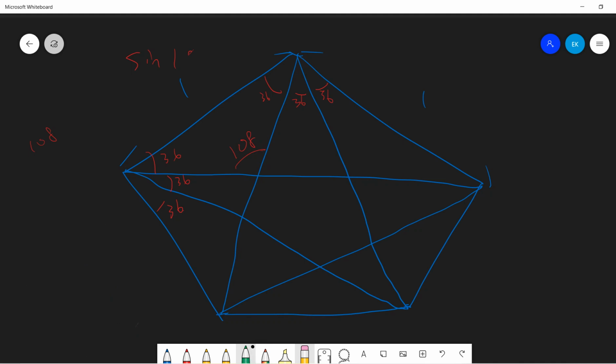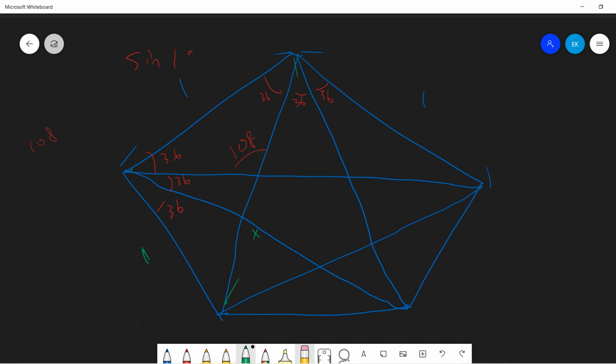Okay, so let's assume that this is x. So the diagonal is x. Now let's focus on this.